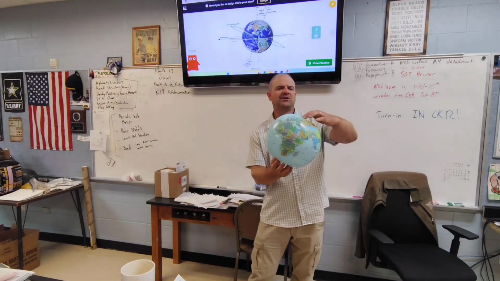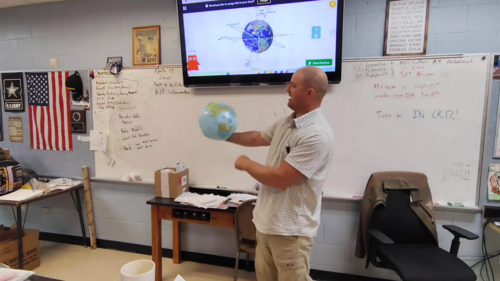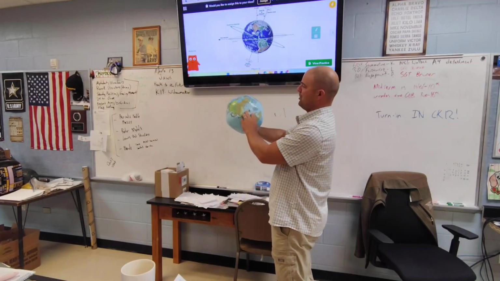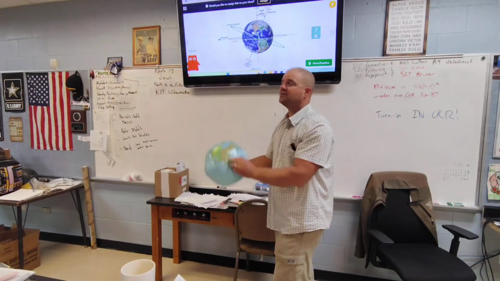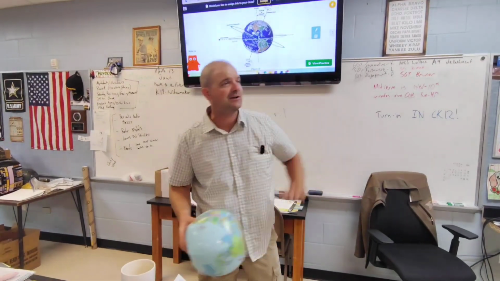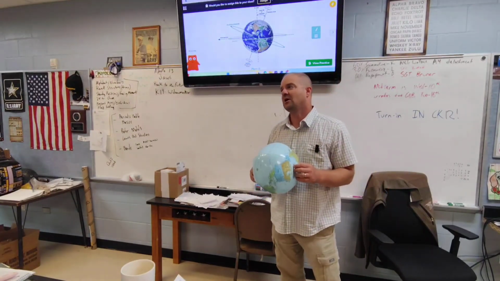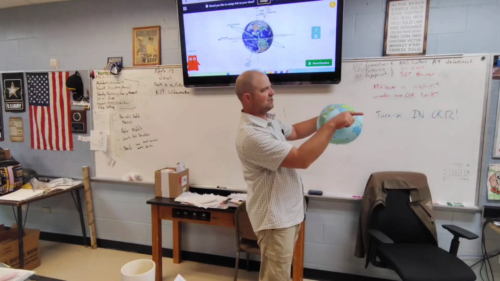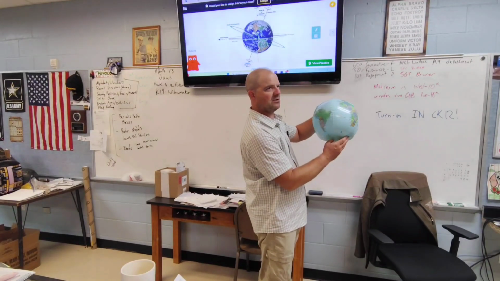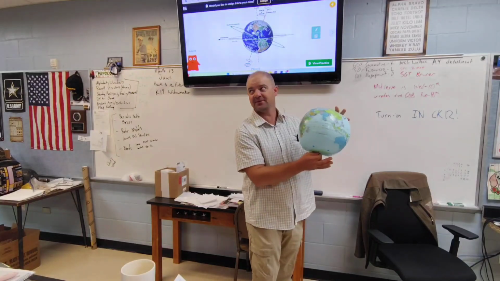Also, it rotates in a particular direction. If you were to look at it from above the North Pole, it rotates counterclockwise. Okay, put that in your notes too. If it's not in your forehead already, it rotates counterclockwise. And that makes sense because that means it's spinning towards the what direction? Northeast, southwest?